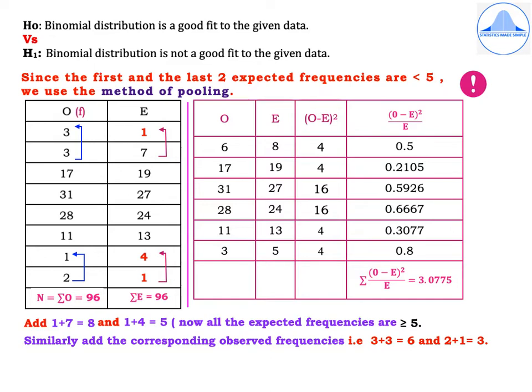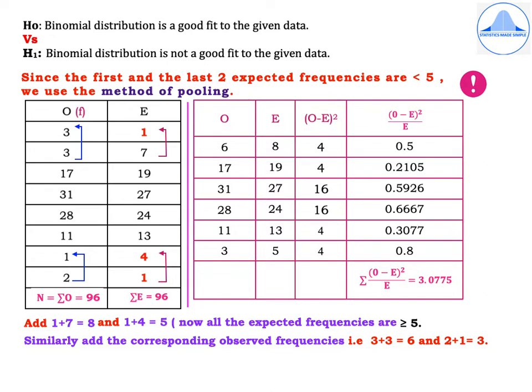So form another table where you have the observed frequencies, the expected frequencies, then we calculate O minus E whole square and then O minus E whole square divided by E. So the observed frequencies are 6, 17, 31, 28, 11 and 3 and the corresponding expected frequencies are 8, 19, 27, 24, 13 and 5.